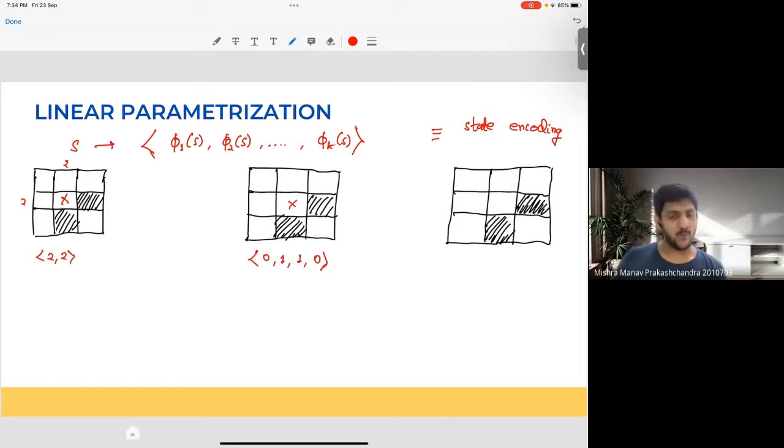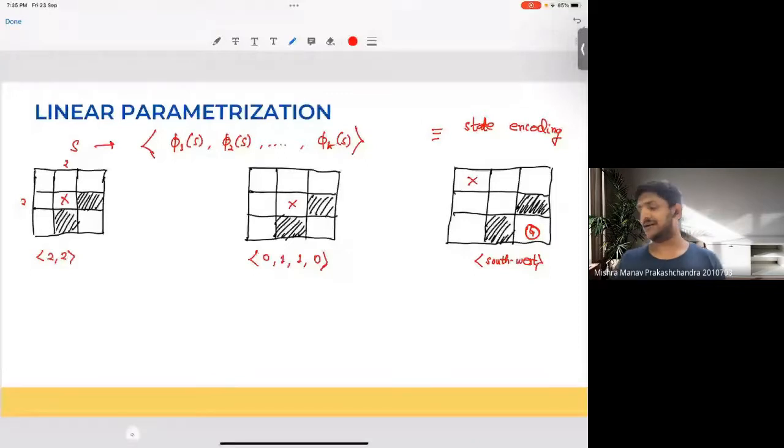And one more method that you can look at is, let's say again my agent is somewhere here in the environment, and it needs to go to the goal, right? One thing you can look at is what is the bearing, or the direction that I need to take in order to reach my goal state. If the agent is here, the goal is to the southwest of the agent. So the agent should know that it should move in the southwest direction to reach the goal state.